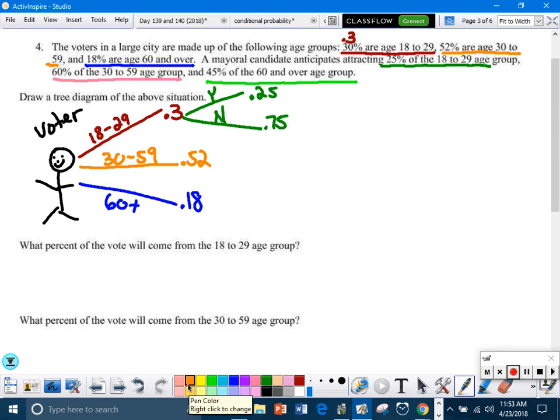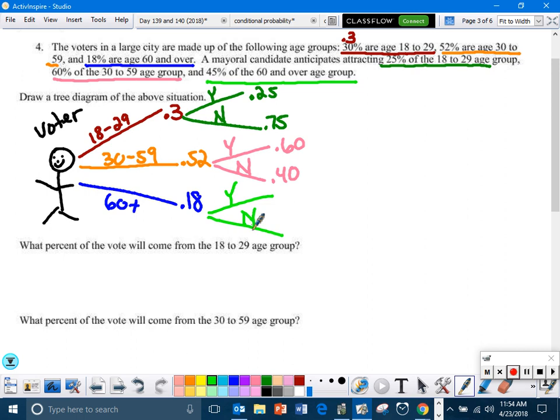Okay, the next one, again, two branches, yes, no. So in that age group, 60% will vote for the person, or 0.60, and that means 0.40 or 40% will not. And then in the last age group, yes, no. So yes would be 0.45, which means no would be 0.55.